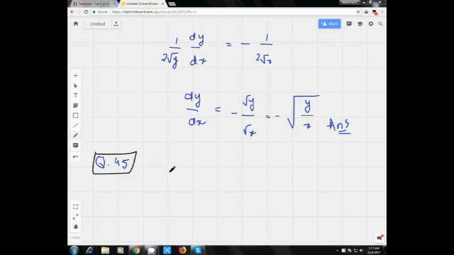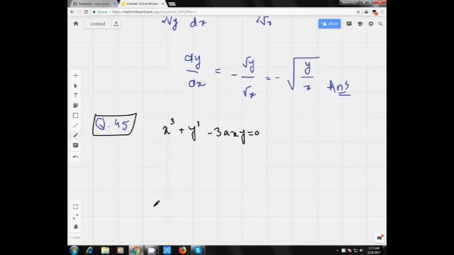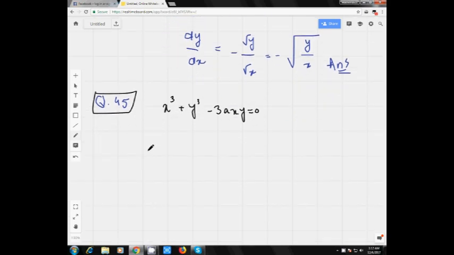Question number 45 is x cube plus y cube minus 3axy is equal to 0. Differentiate both of the sides, and without going into too much detail, I will just write the answers of the derivatives of each term.